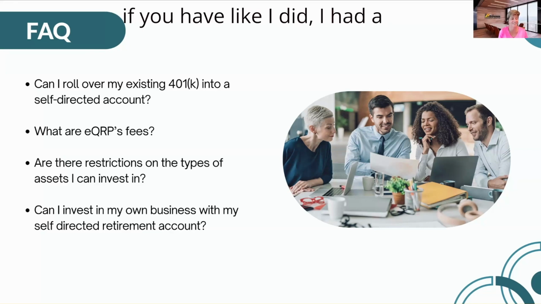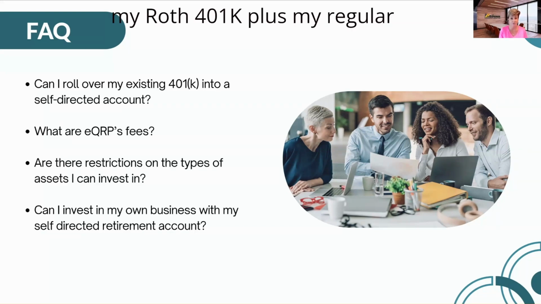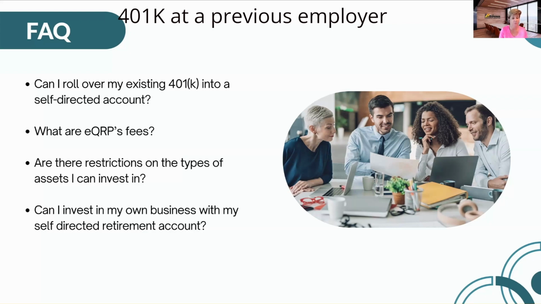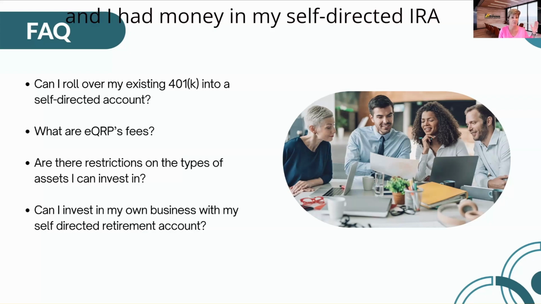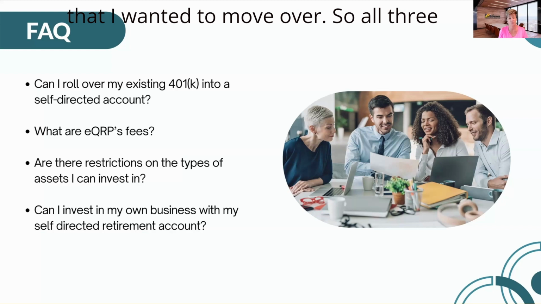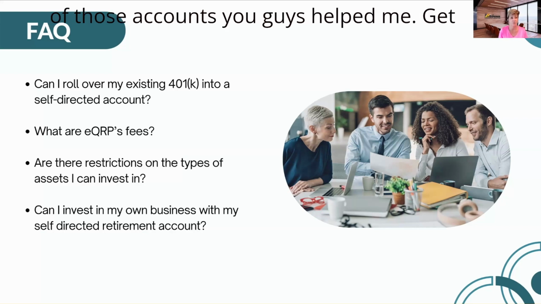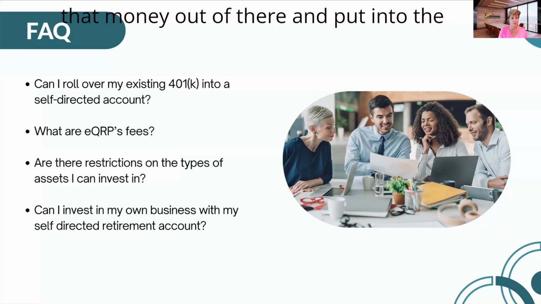Let me tell you, I had my Roth 401k plus my regular 401k at a previous employer, and I had money in my self-directed IRA that I wanted to move over. All three of those accounts, you guys helped me get that money out of there and into the EQRP.